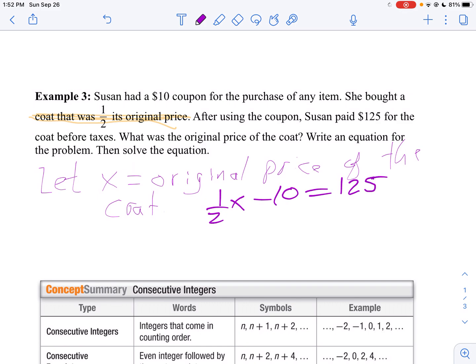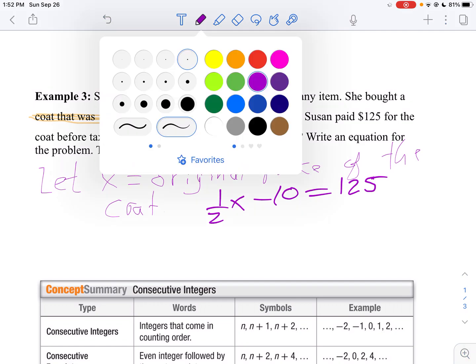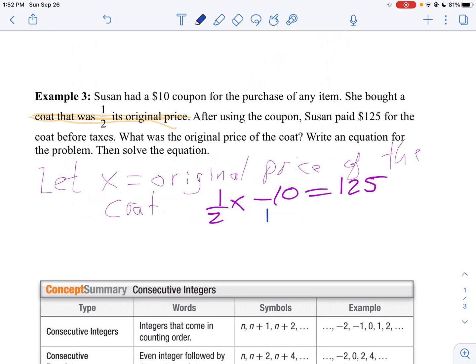So now we're going to use our inverse operations to solve for x. The opposite of subtracting is adding, so I'm going to add 10 to both sides. So bring down the 1/2 x. Negative 10 plus 10, well, that's 0. 125 plus 10 is 135. Now the bar means divide, so I'm dividing by 2.